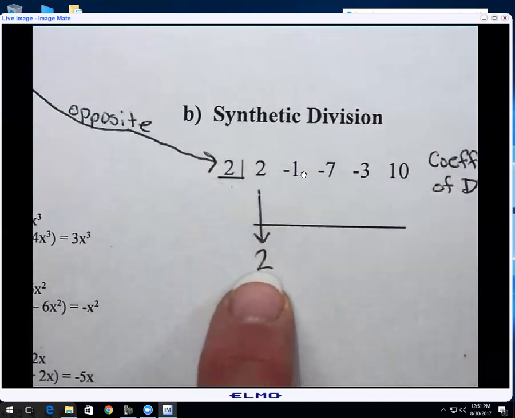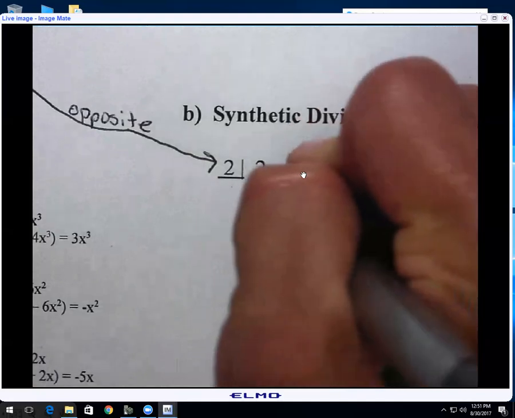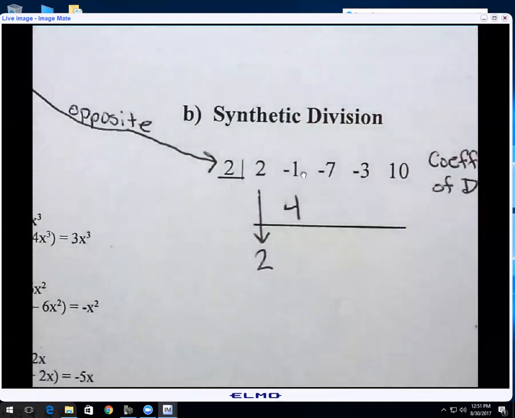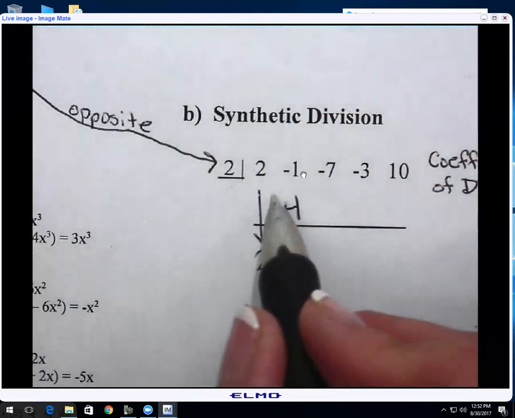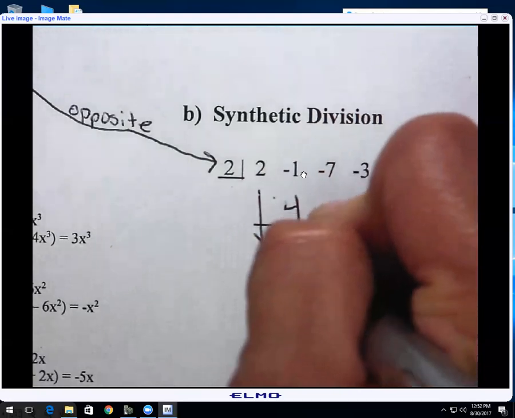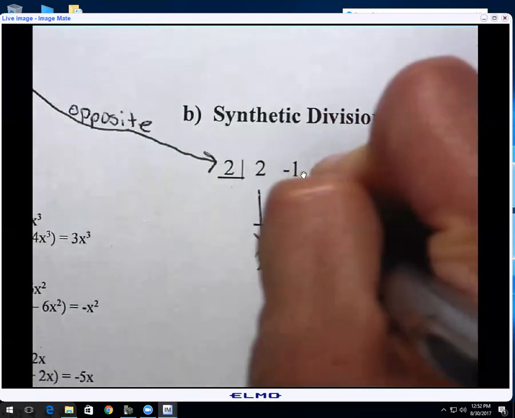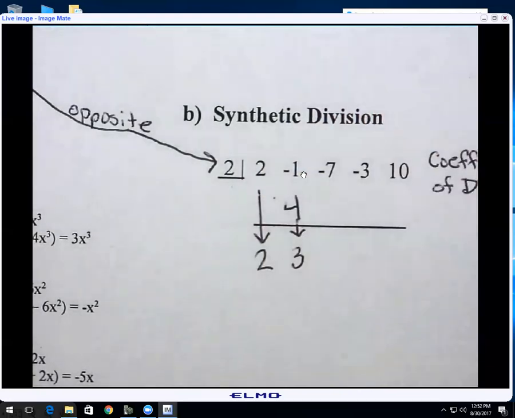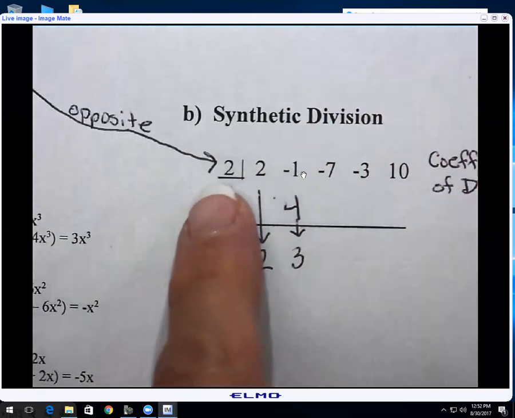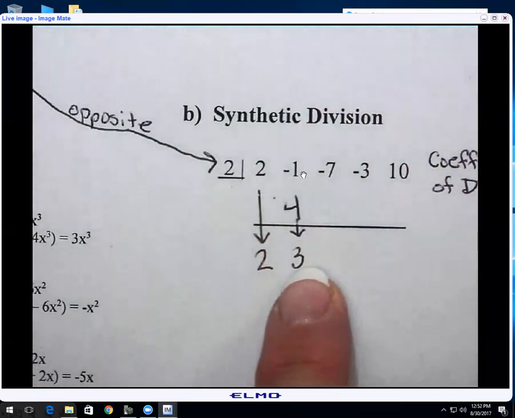This 2 times that 2 is 4. It goes under your next coefficient. And then add: -1 plus 4 is 3. You multiply what's in the box times what's on the bottom row. 2 times 3 is 6.